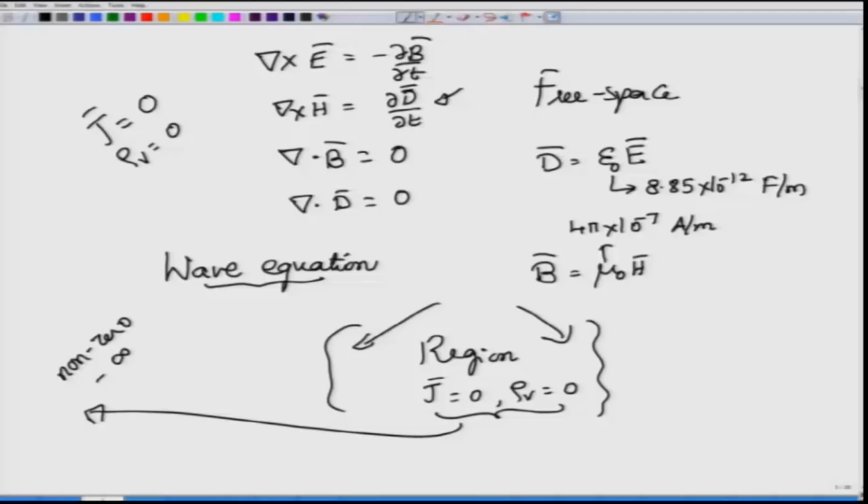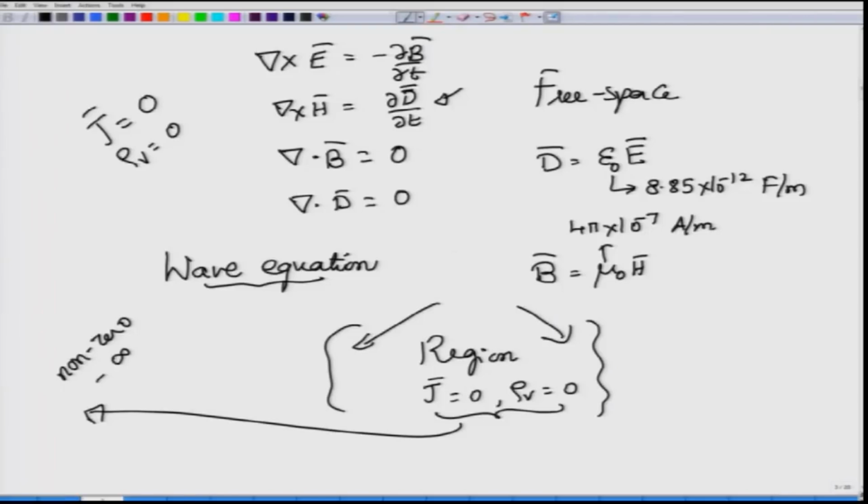Of course, because this is free space, E is related to D and H is related to B. This relation is via the permittivity, which in vacuum or free space that we are considering has a numerical value of roughly 8.85 into 10 to the power minus 12 farad per meter, and the magnetic permeability of the medium is by definition equal to 4 pi into 10 to the power minus 7 henry per meter.